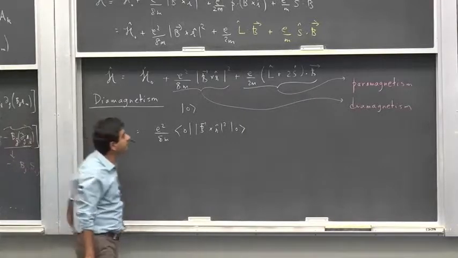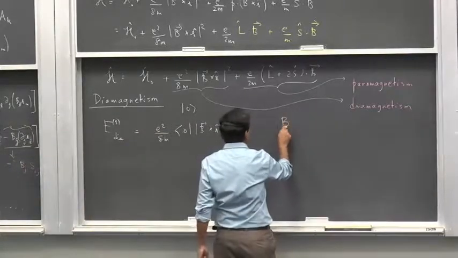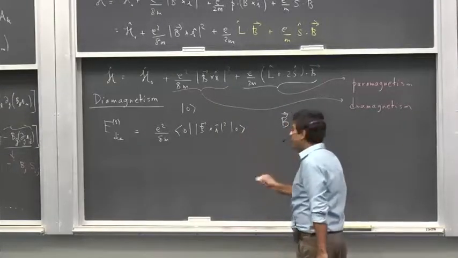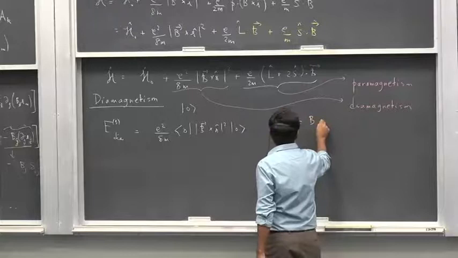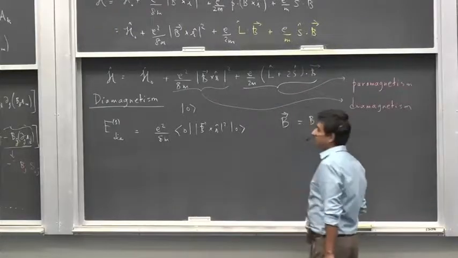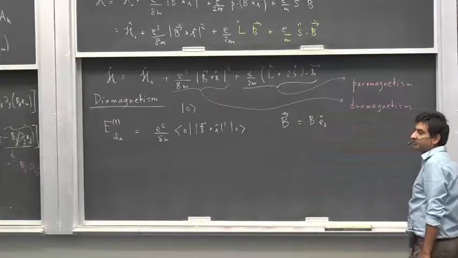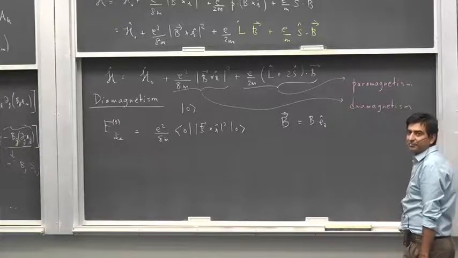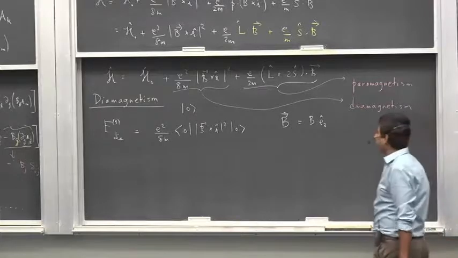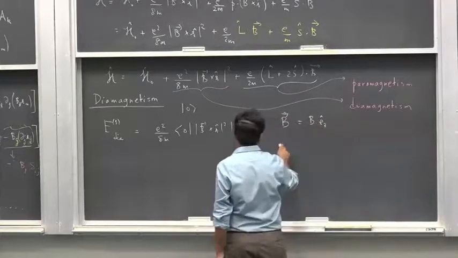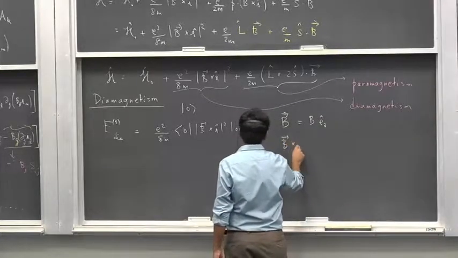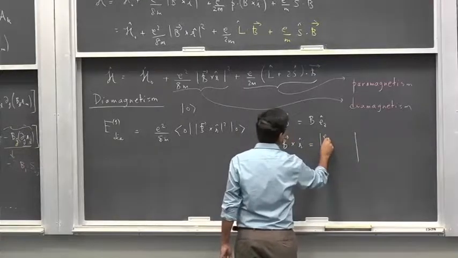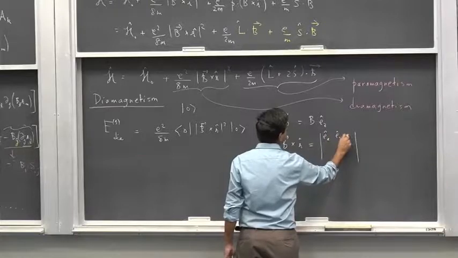Now let's suppose that our field is constant, B is constant, and this is applied in the z direction. So my field is B purely in the z direction. It's constant, so I take that direction to be the z direction without loss of generality. Now B crossed with R. Let's do something slightly childish: ex, ey, ez.